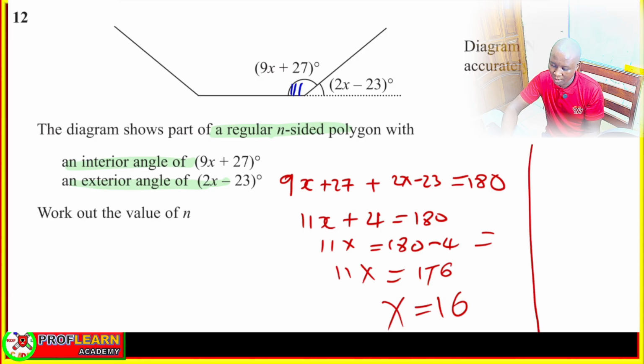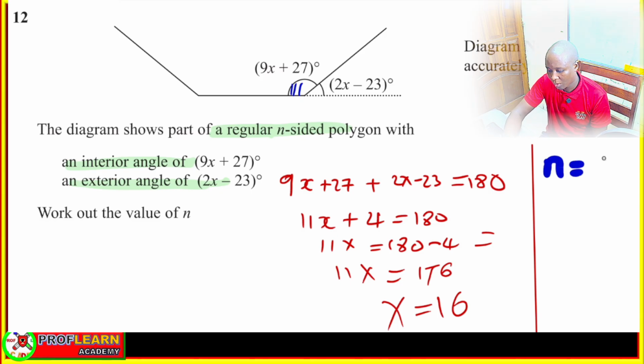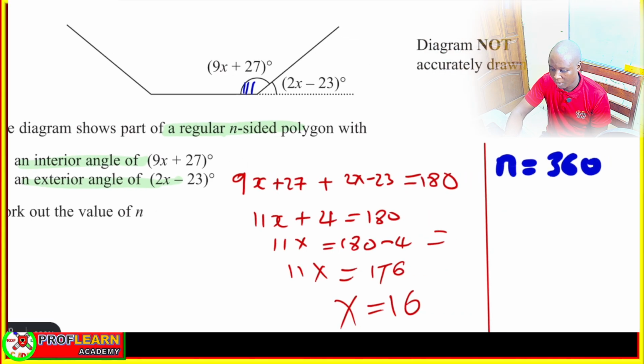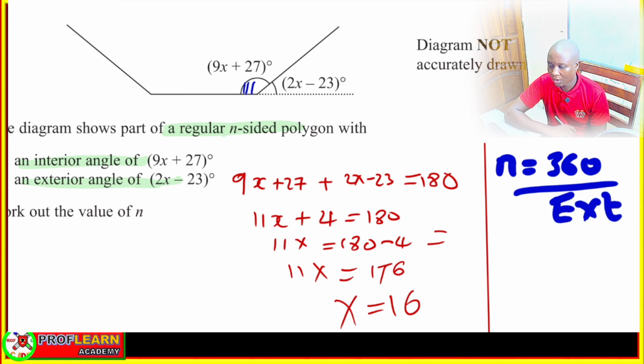So that is the value of x. But for you to find the number of sides, something you need to have in mind is that the number of sides is equal to 360 divided by the exterior angle. That is the formula you'll use to find the number of sides.